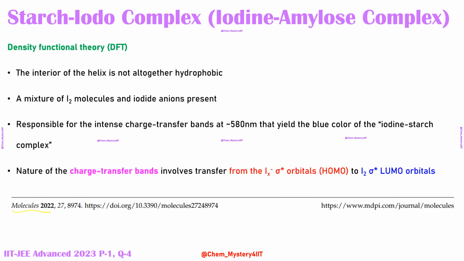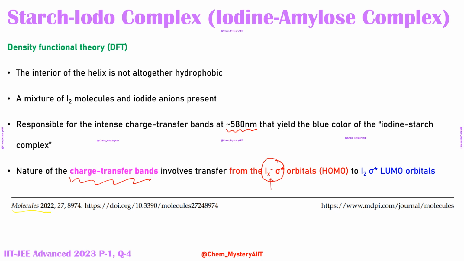They say the color arises from the absorption at this particular frequency, or rather wavelength. This color comes from the charge transfer band, from the transfer of electrons from the HOMO orbital of this polyhalide. And this is not necessarily I3 minus over here.